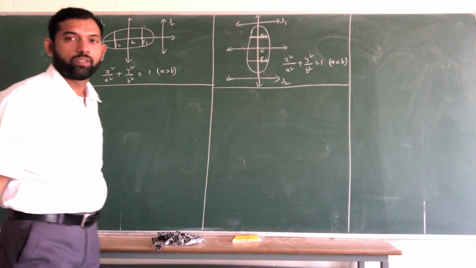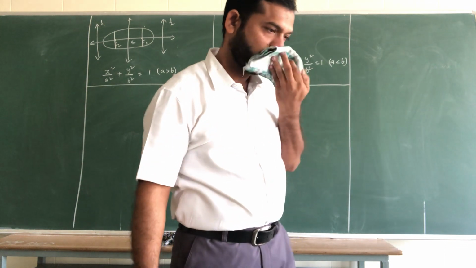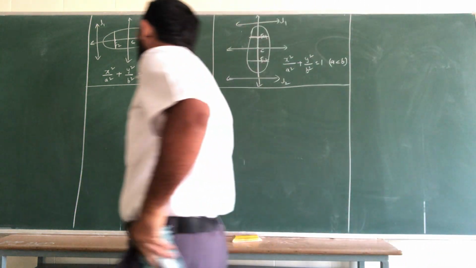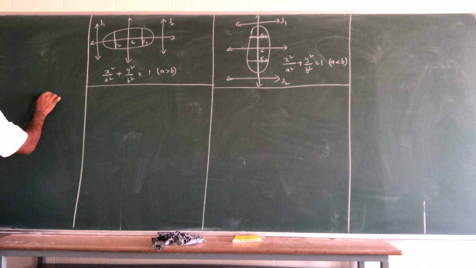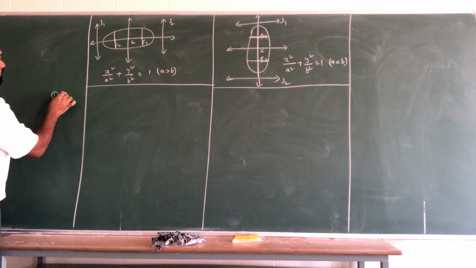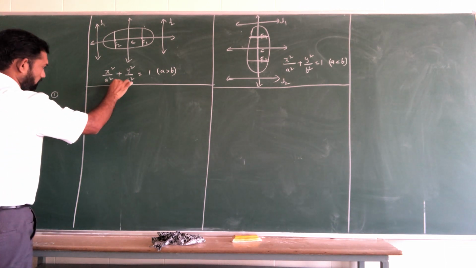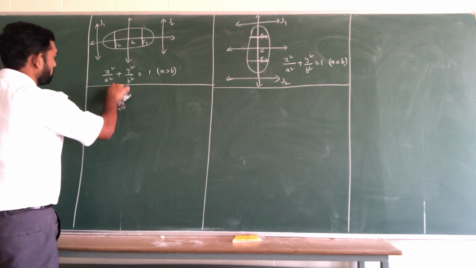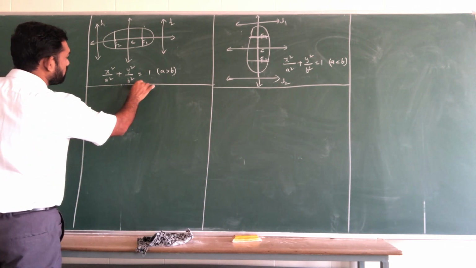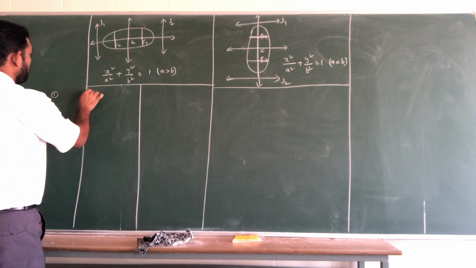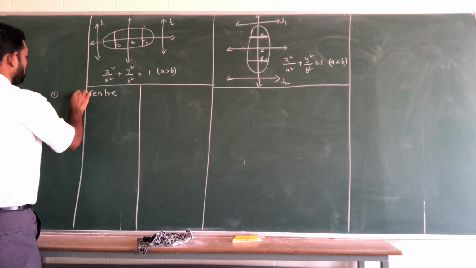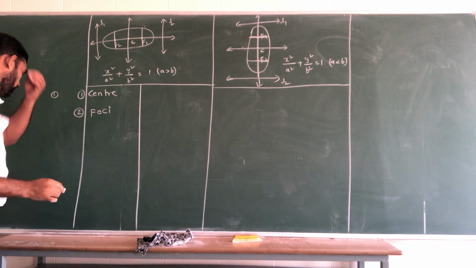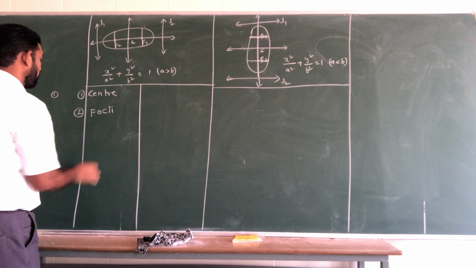Then what are there in this one? So point wise you note down. First point, center. Inside only you write center. Second one, foci. Focus, plural form is foci.